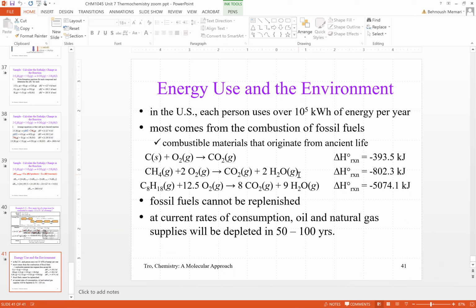Okay, so you can calculate delta H based on a given delta H value for other reactions, basically using Hess's law. You can calculate delta H based on delta H of formation. You can calculate delta H based on one reaction, which gives you the Q value, which is mass times change in temperature times specific heat, and then you divide that by the number of moles.